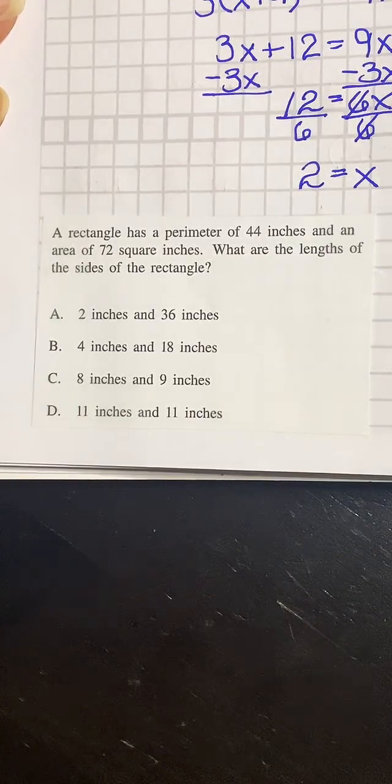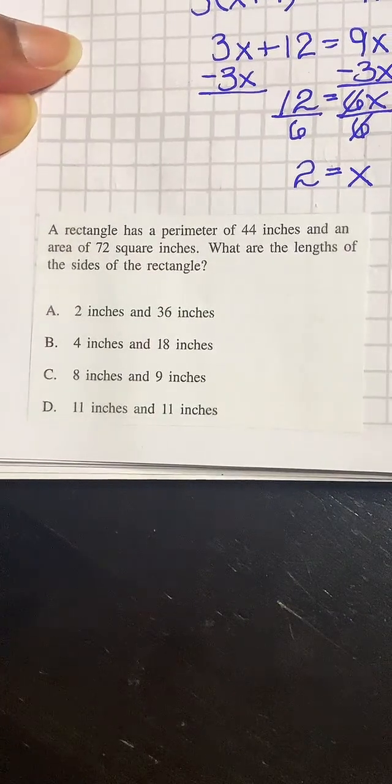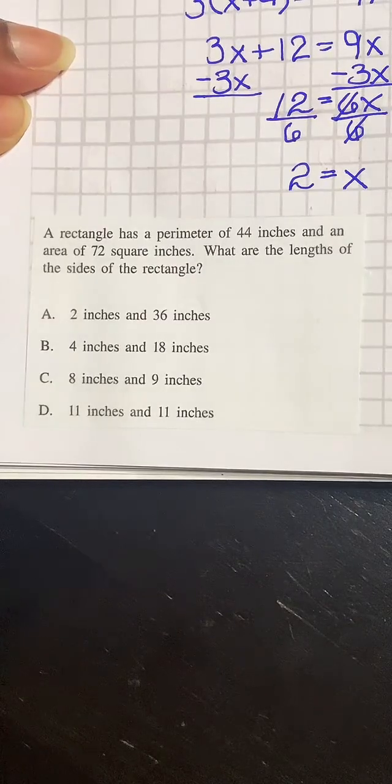Okay, you got it? There we go. All right. So a rectangle has a perimeter of 44 inches and an area of 72 square inches.